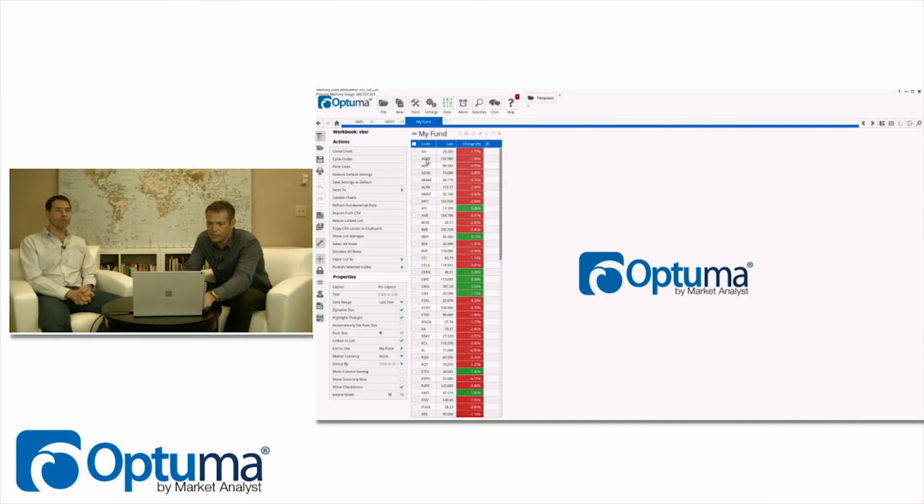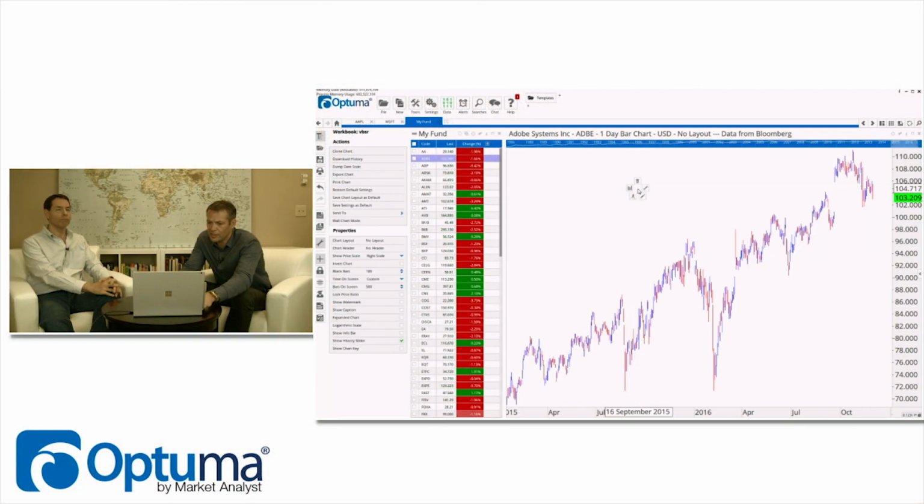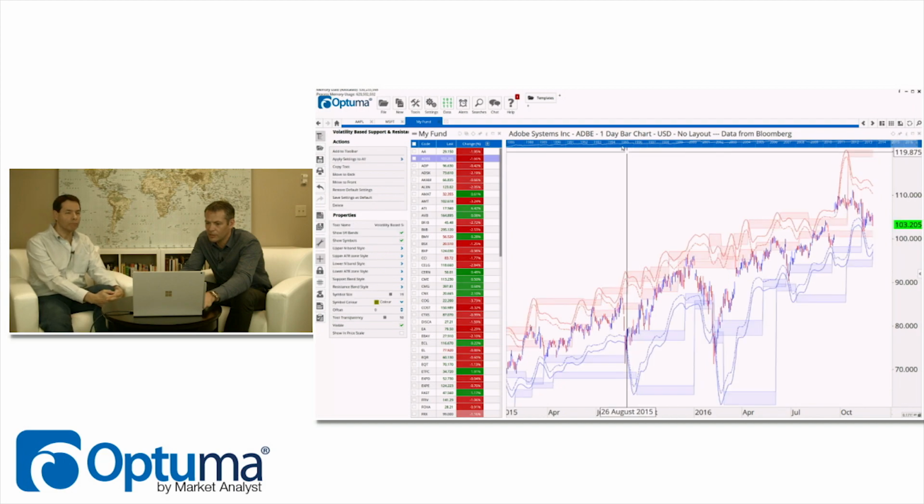What I may do is bring up, as we've talked about a number of times in the last couple of webinars, this fund I've got of about 110 tickers. I'm just going to open them as a watch list for the moment. Let's bring up one of the charts there, and I'm going to add on our volatility-based support and resistance.